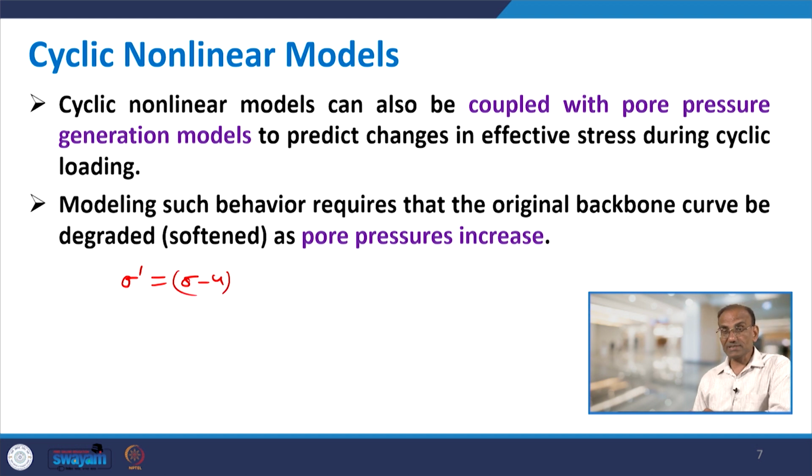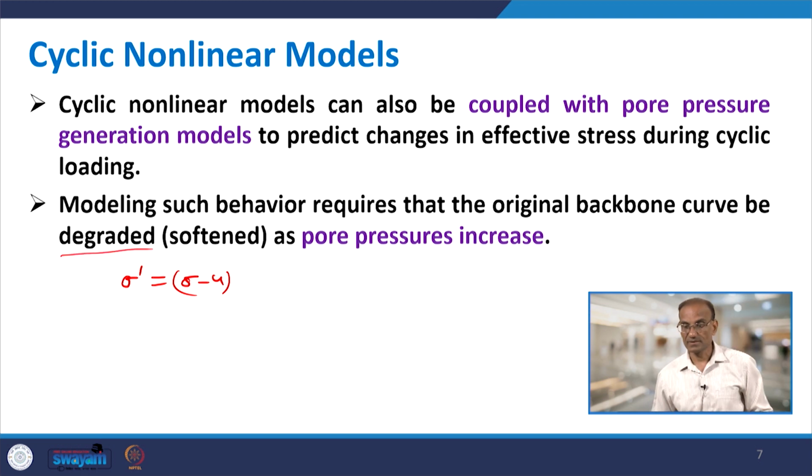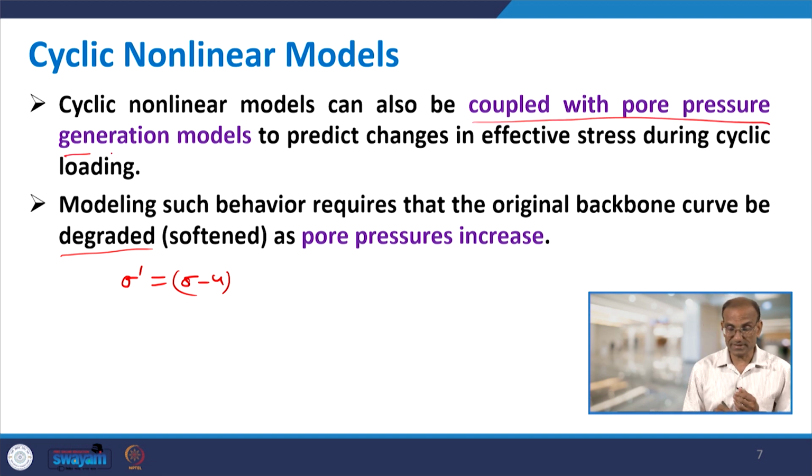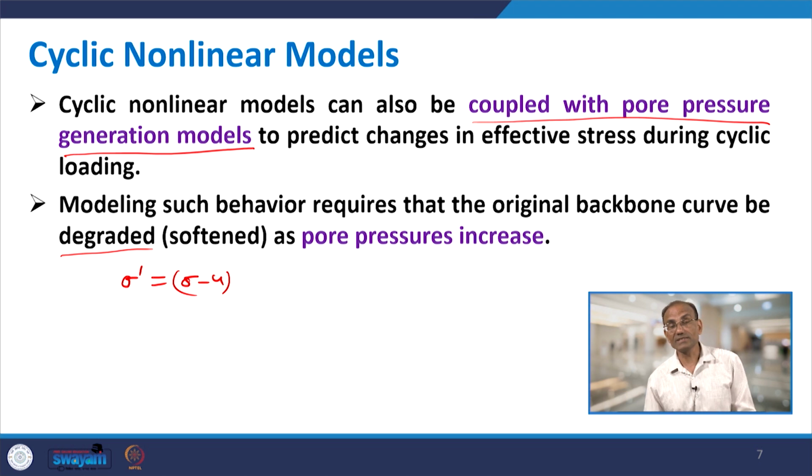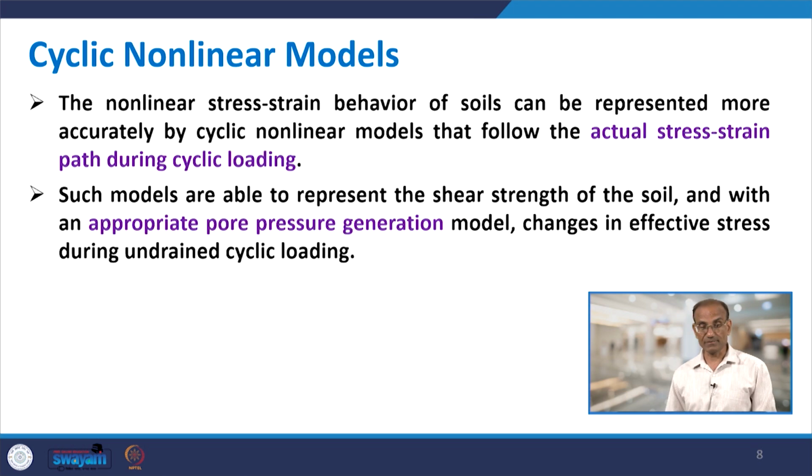So, when there is an increase in pore pressure, the effective stress will decrease and there will be degradation. This generation of pore pressure could not be dealt with in equivalent linear models. Pore pressure generation models can be dealt with in cyclic nonlinear models. So, this is the advancement compared to equivalent linear models.